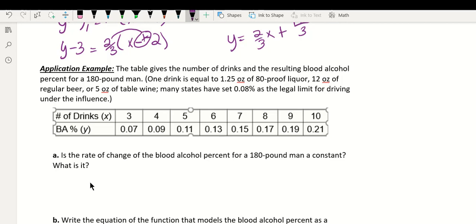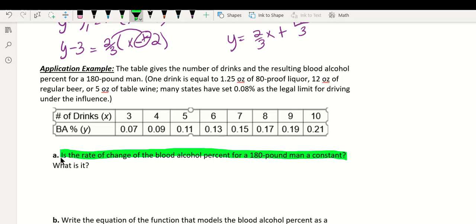So we have this chart here, and our first question asks us, what is the rate of change of the blood alcohol percent for a man who is 180 pounds? What is that rate of change?